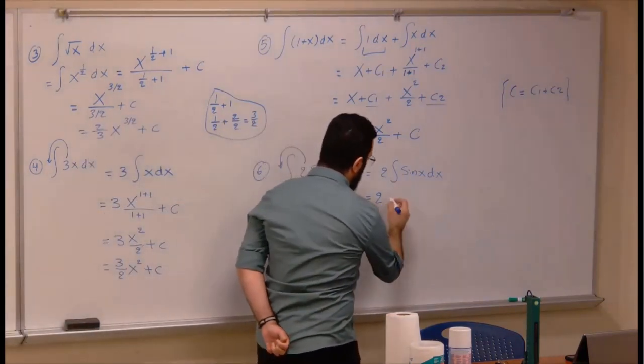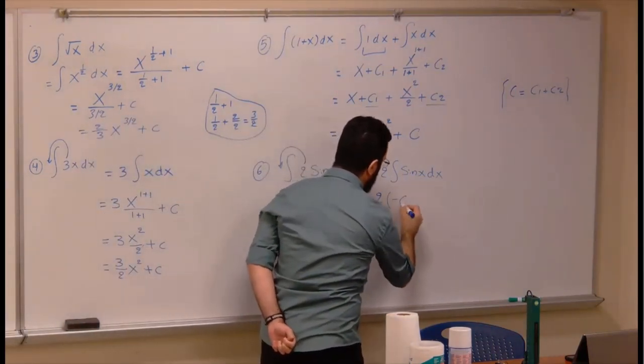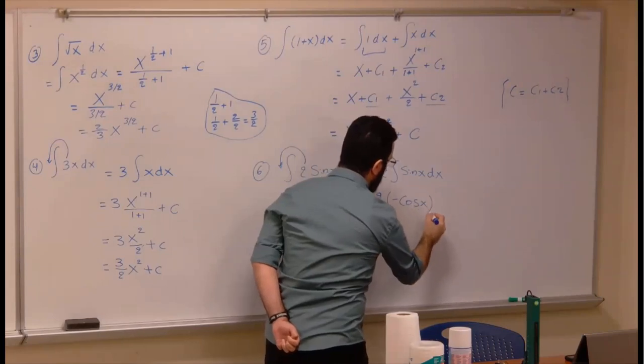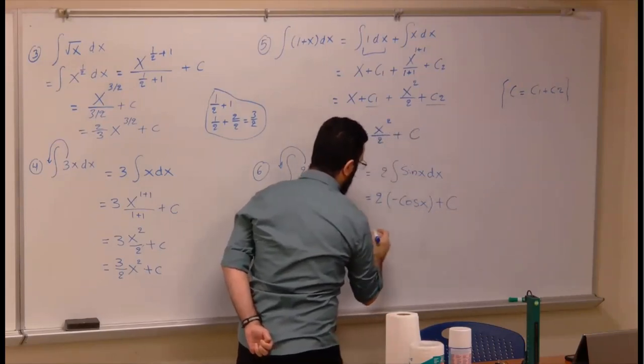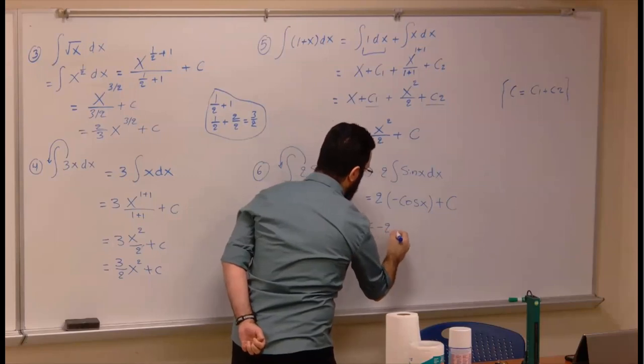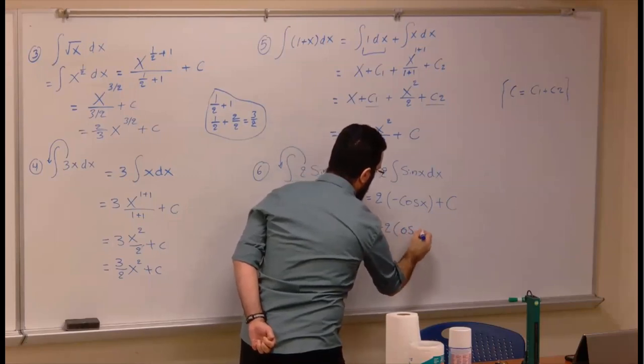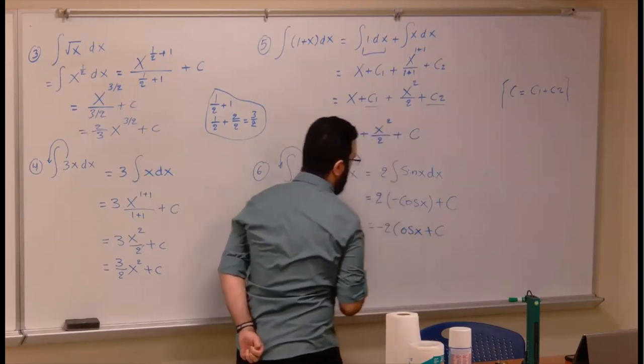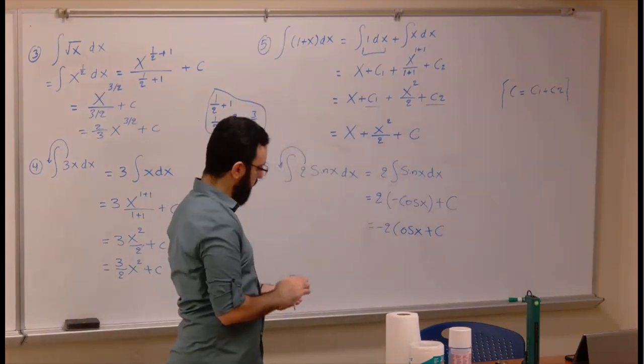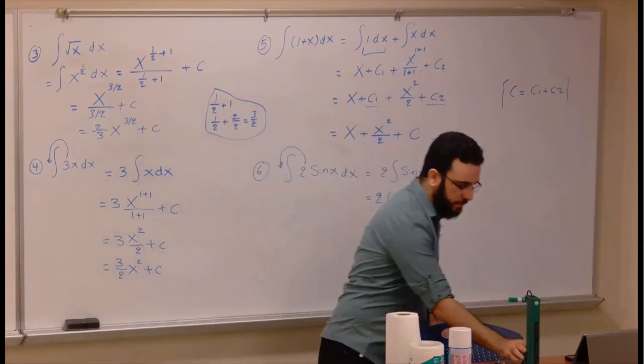That means here is the 2, the integral of sine is negative cosine x, and you have to add the c. That means it's going to be negative 2 cosine x plus c. That's it for this example.